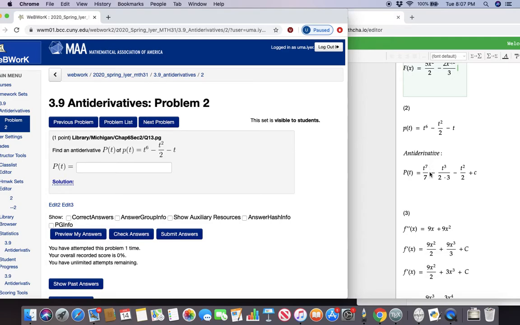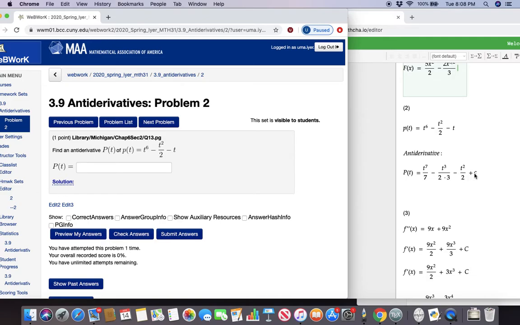Likewise, minus, the denominator 2 is denominator 2. Increase the power by 1 and divide by the new power. Don't forget there is a 2 here, so that continues. Minus this, increase the power by 1 and divide by the new power.